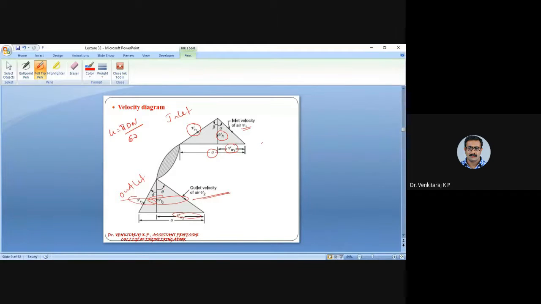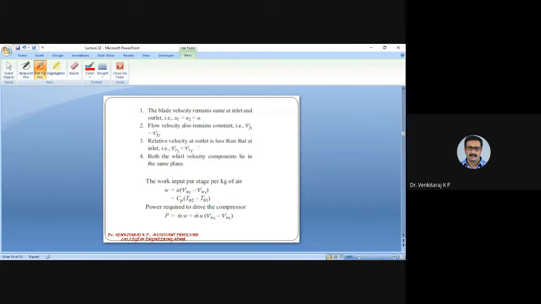Corresponding to this velocity diagram, we can have these relations. The first one I told: the blade tip speed is same at inlet and exit, that is u1 and u2 same as u. Then there is no involvement of the flow velocity component in the work equation, so that remains constant. This component is not consumed, so vf1 and vf2 remain the same.